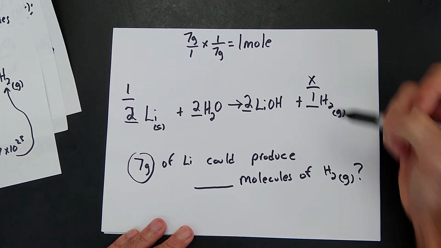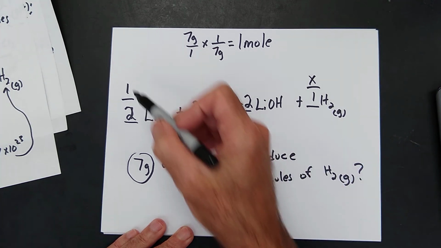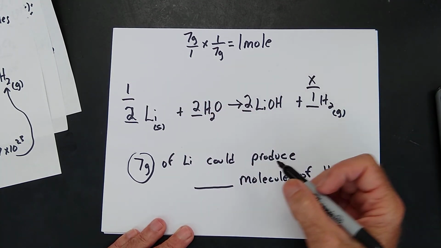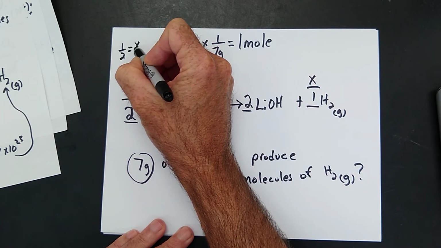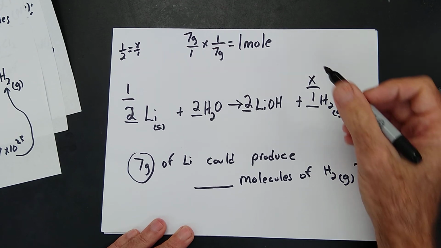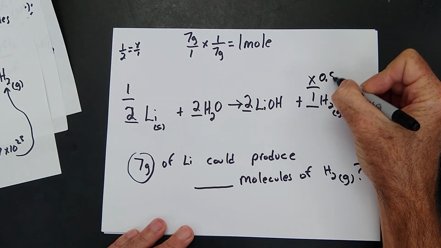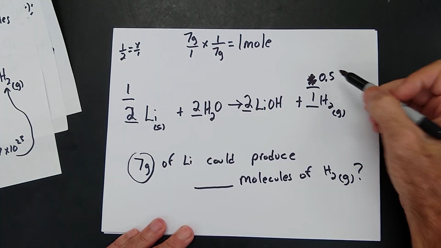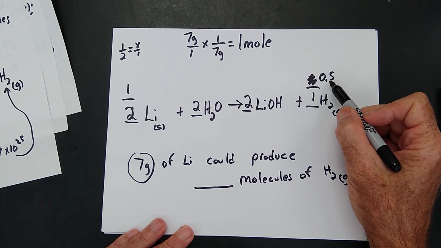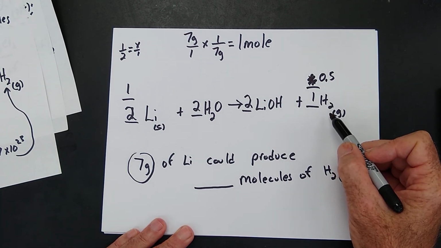So how many moles of hydrogen gas would that be? 1 over 2 equals X over 1. I'll just write it up here. 1 over 2 equals X over 1. So how many moles is that? 0.5 moles. So 1 is to 2, as 0.5 is to 1. So we can make 0.5 moles of hydrogen gas.